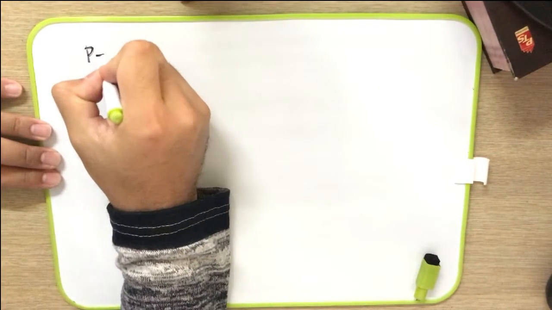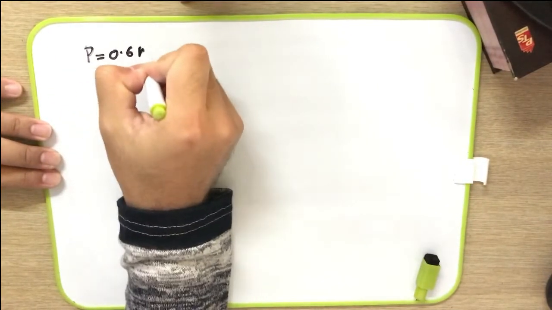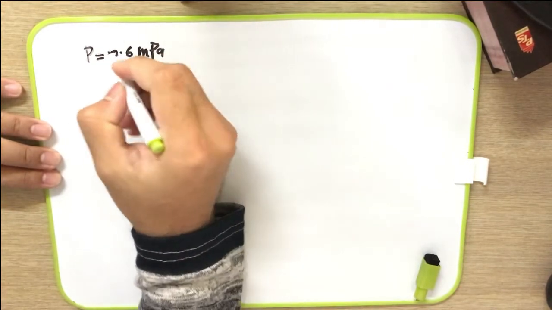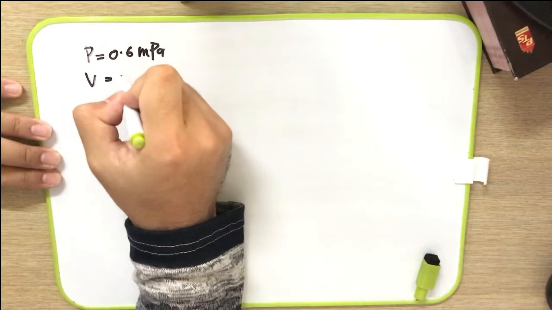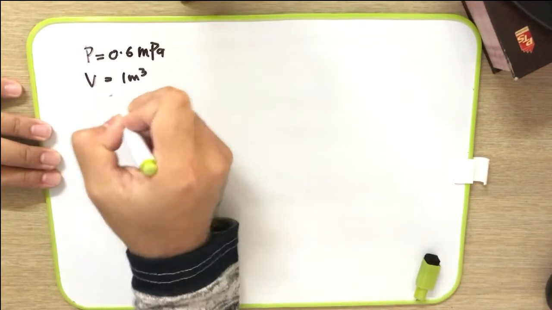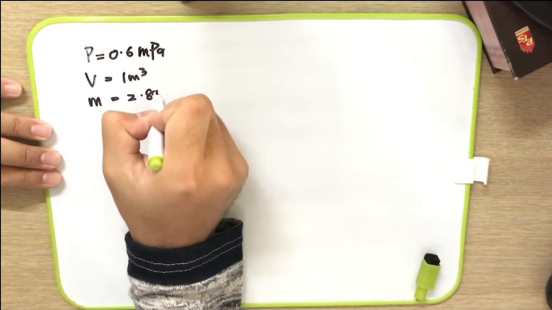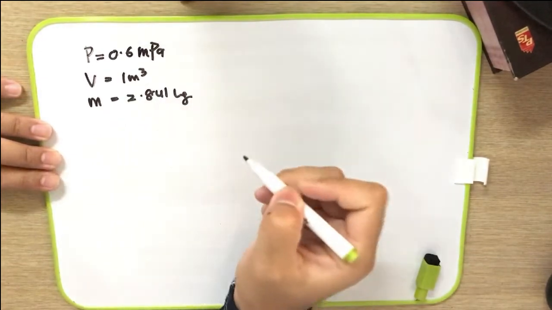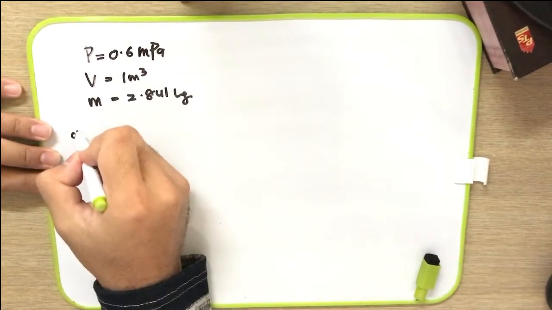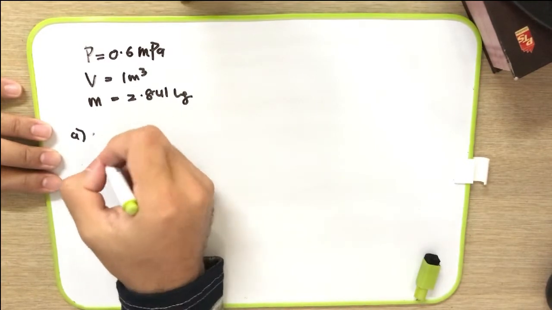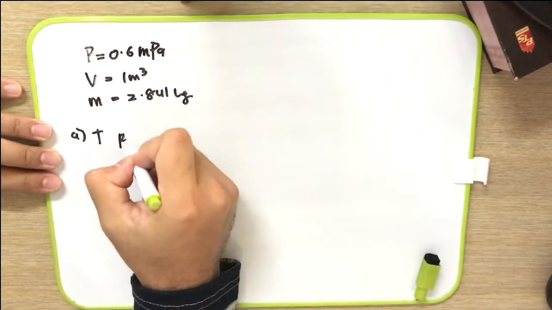From this question, it is given that the pressure is 0.6 megapascal, volume is 1 meter cube, and the mass is 2.841 kilogram. So first we need to find the temperature from the property table.